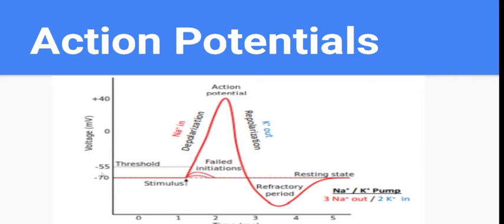Negative 55 is your threshold, and positive 40 is the top of the action potential. Know what comes in to cause depolarization and what causes repolarization. They might show you a blank picture and ask what's going on. Very important to know.